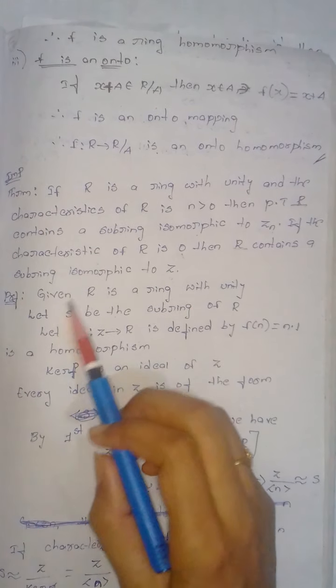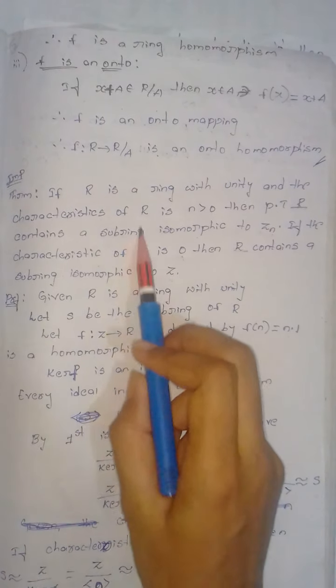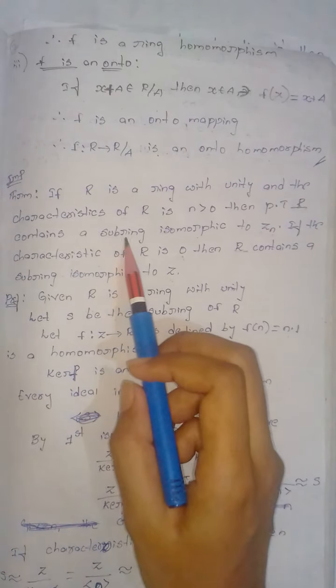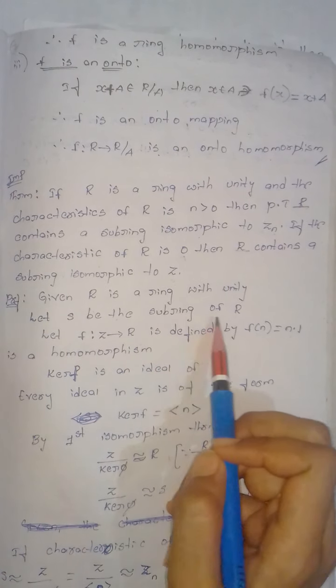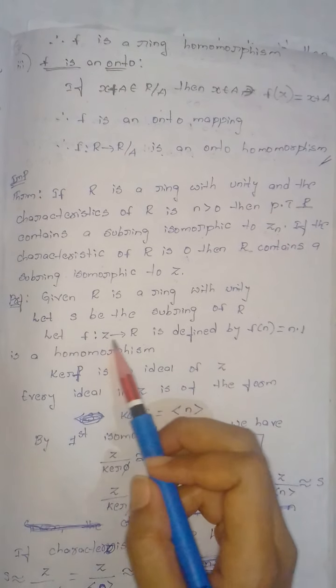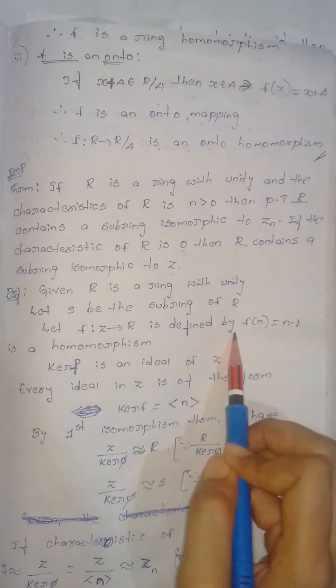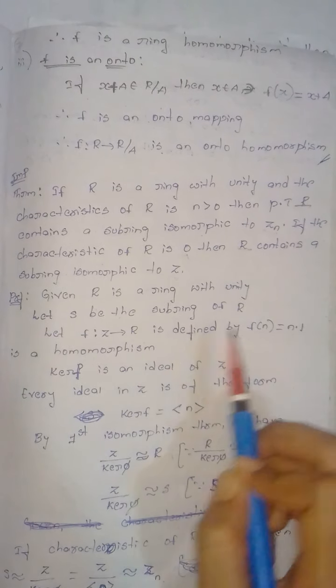Now proof, given R is a ring with unity and here the subring is there, no? For that, to prove the subring isomorphic, we take S to be a subring of R. Now taking a mapping f from Z to R, defined by, this we took from the known theorem. Already we did the theorem like this.